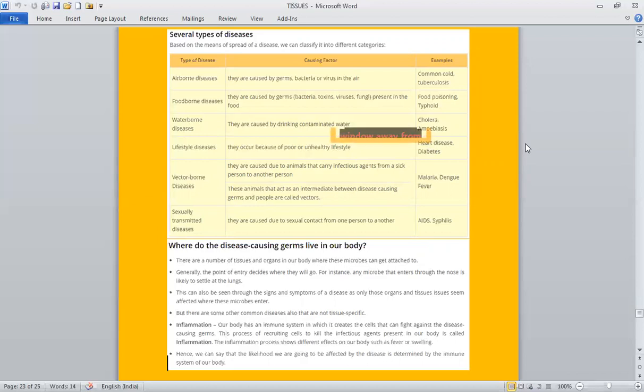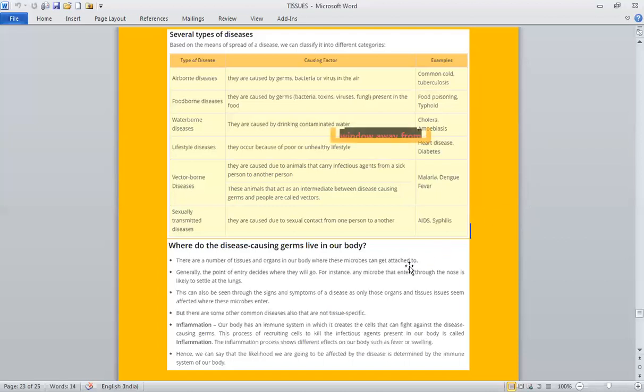Many diseases occur due to a poor or unhealthy lifestyle, such as heart diseases and diabetes. Then STDs, that is, sexually transmitted diseases. They are caused due to sexual contact from one person to the other, and they are AIDS, syphilis, gonorrhea. All these are STDs.